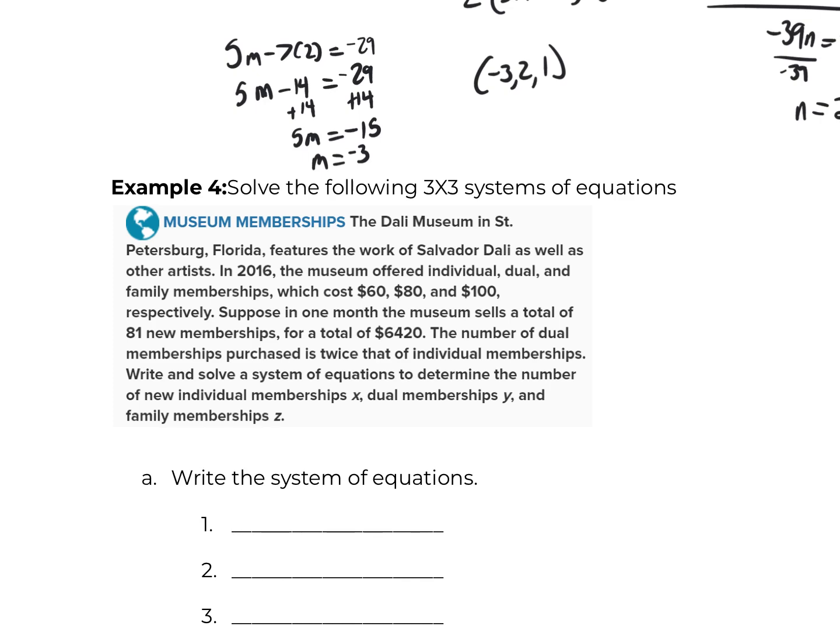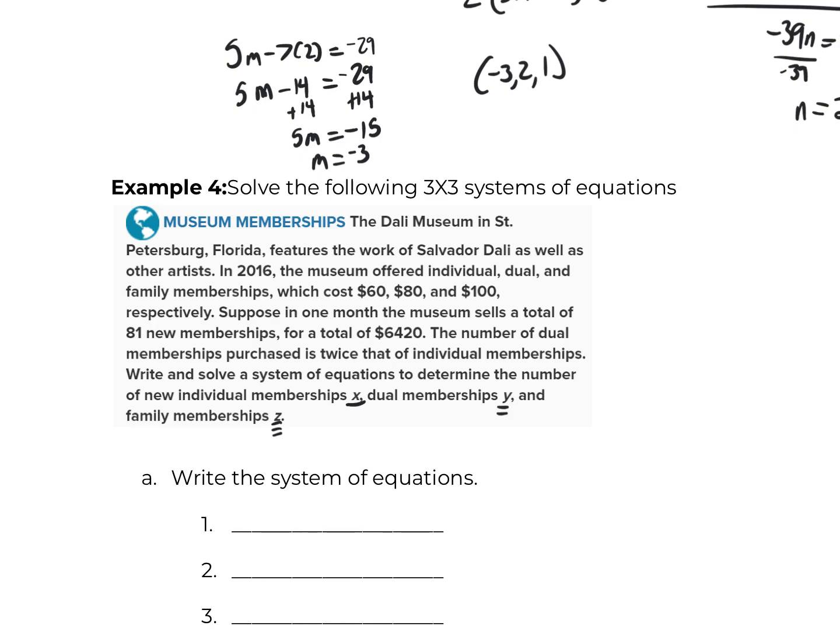All right, in 2016, the museum offered individual, dual, and family memberships. So individual memberships we see here at the bottom are X, then we have Y, then we have Z for family. And we're told that individual memberships are 60, dual memberships are 80, family memberships are 100.